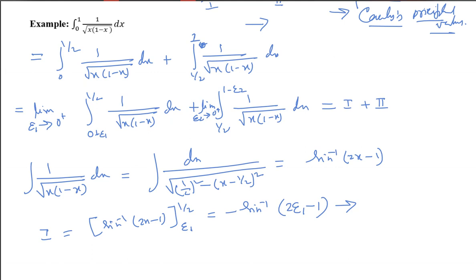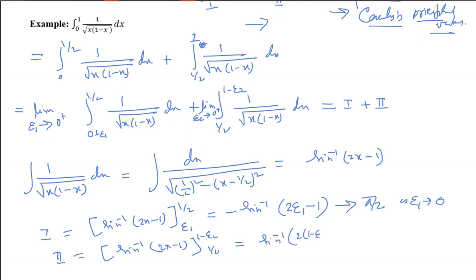So this will be tending to what? Pi by 2. Yes, this is tending to pi by 2 as epsilon 1 tends to 0. Similarly, sine inverse 2x minus 1 from half to 1 minus epsilon 2 will be sine inverse 2 into 1 minus epsilon 2 minus 1, minus 0.